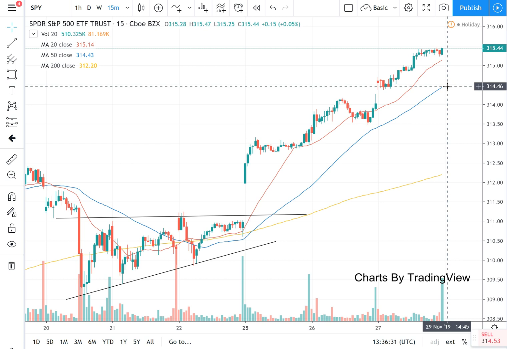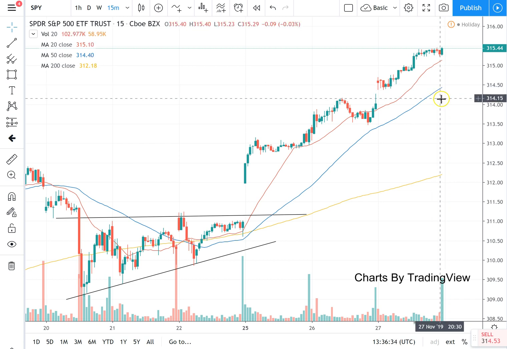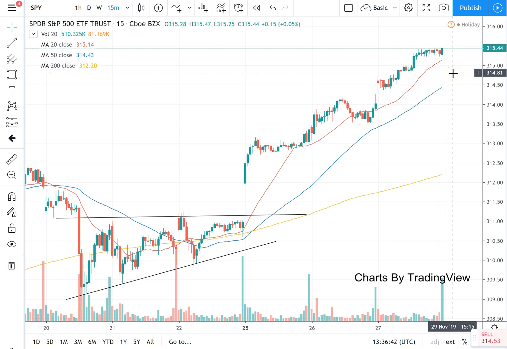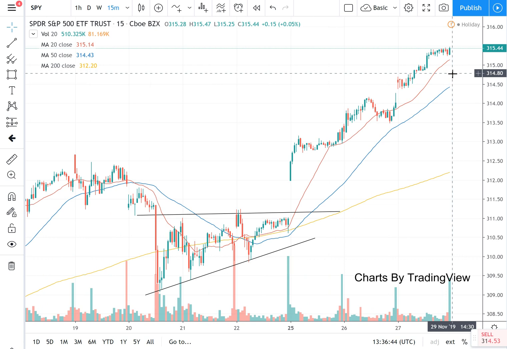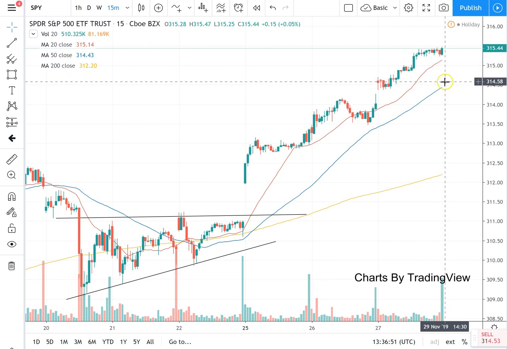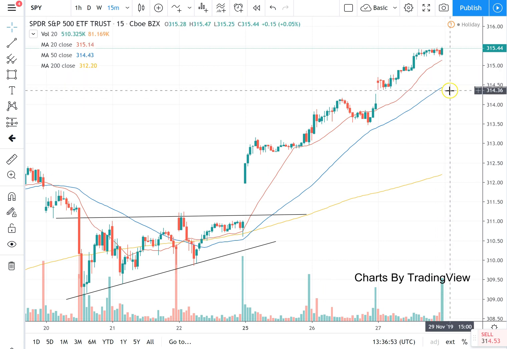So as long as SPY stays above this 15-minute 50 MA, let's continue to be bullish. There's no sign of reversal yet in the SPY chart, so we should continue to maintain a bullish bias until it falls below this 50 MA.